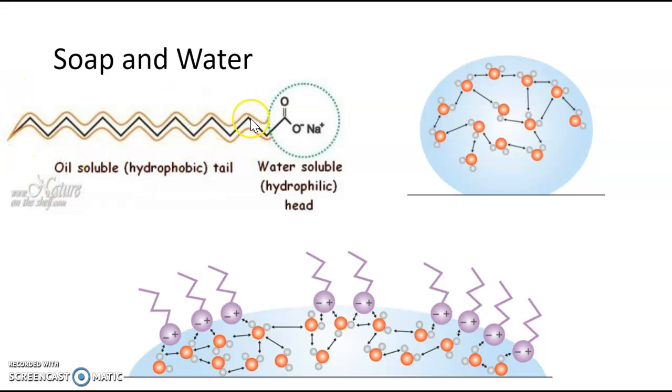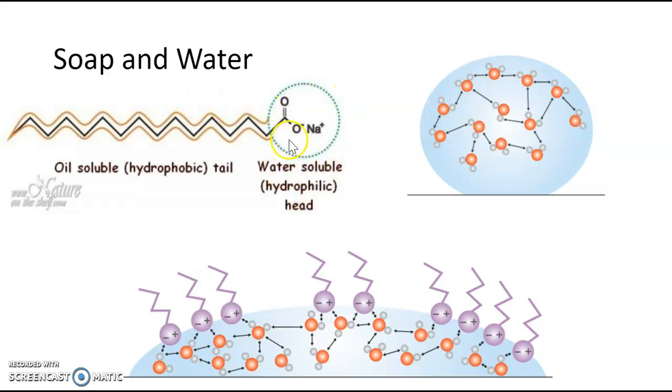The squiggles mean carbon, carbon, carbon, and on each little point, there's two hydrogens. And since it's all the same, it's not polar.